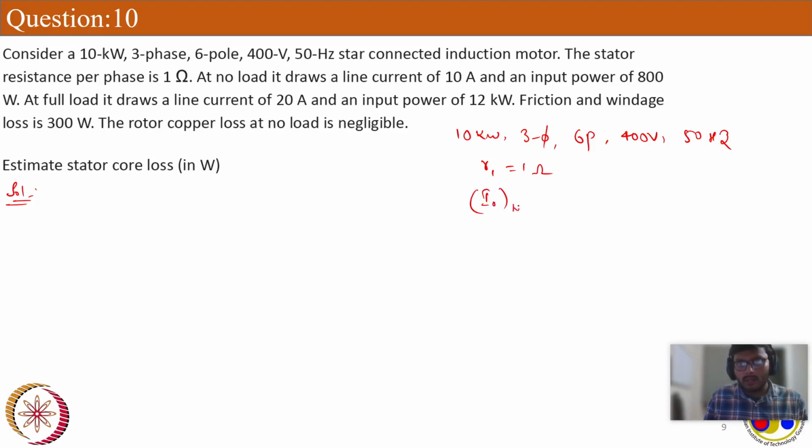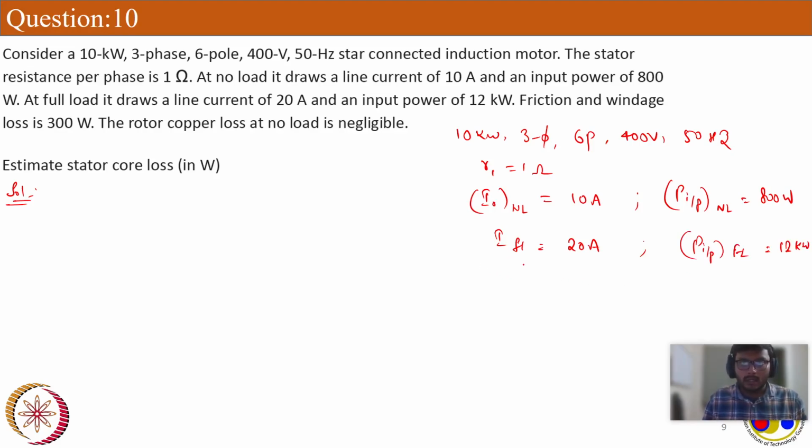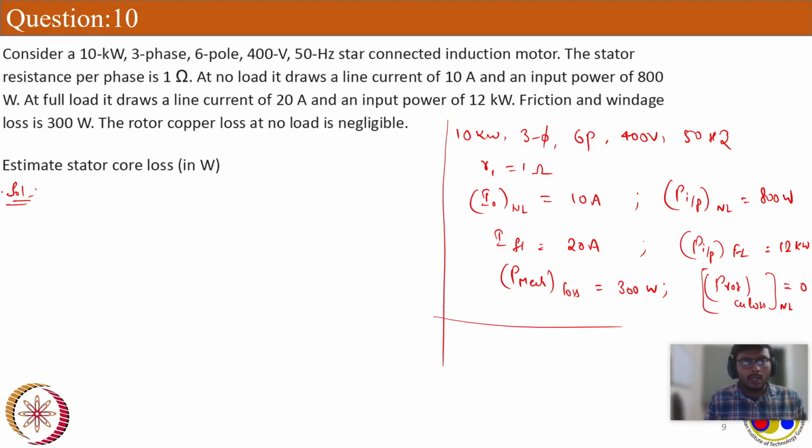I0 is 10 amps, and input power at no load is 800 watts, and at full load the current is 20 amps, and input power at full load is equal to 12 kilowatt, and friction and windage mechanical losses are 300 watts, rotor copper losses at no load are equal to 0, negligible. Okay. So this is all the data I have at my end. Now what is required? Stator core loss in watts.